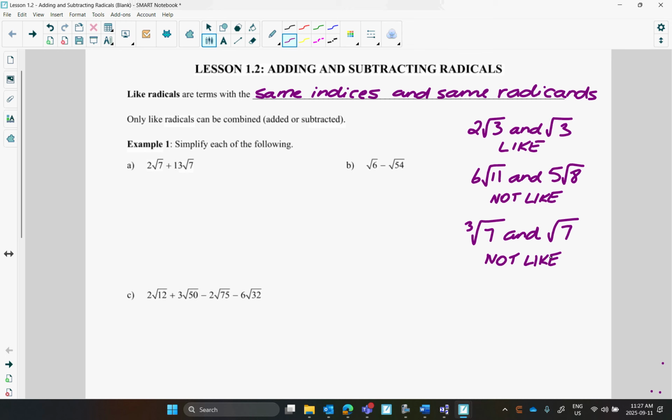How much do you have in total? 15 root 7s. So all you do to combine like radicals is you combine the number in front and then make it root 7. Pretty straightforward.